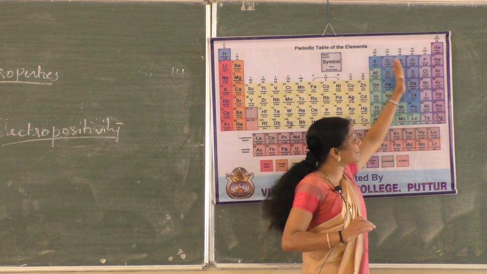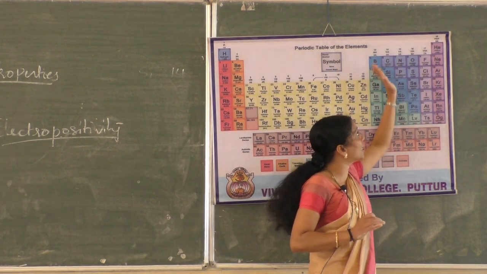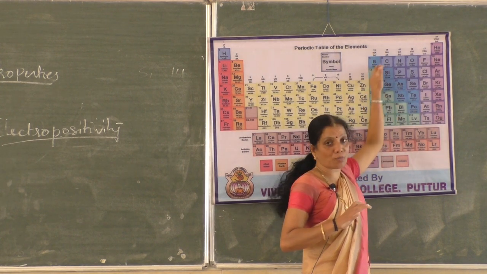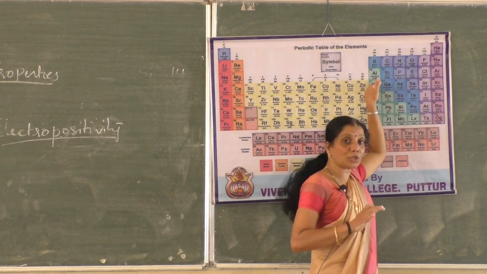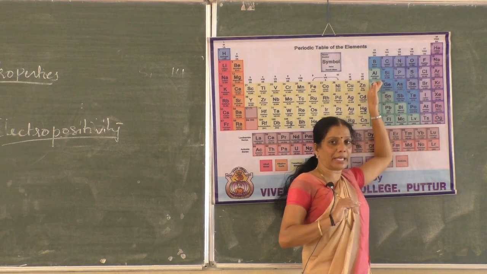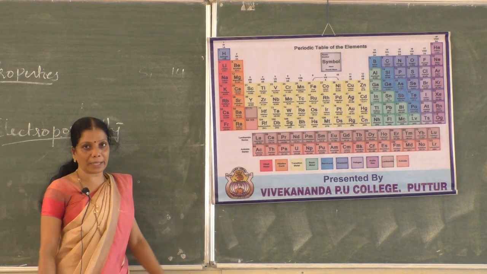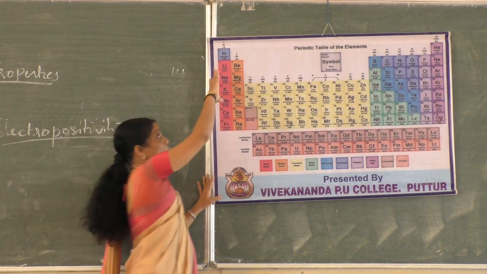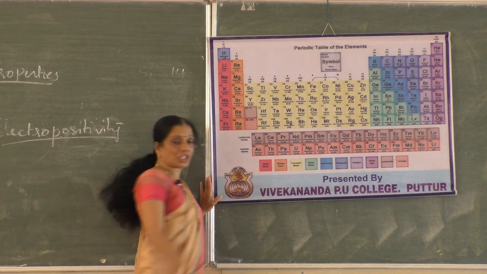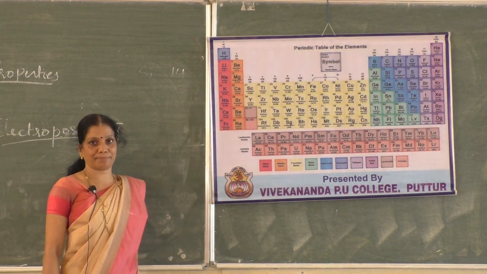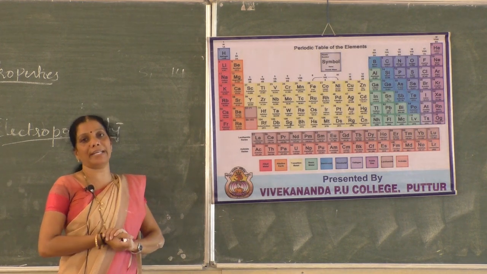As we move towards the right side, in the topmost position on the right, we always observe non-metals. Non-metals are present to the right side of the periodic table, and metals to the left side. That means as we move from left to the right direction, the metallic property goes on decreasing. Why does it decrease?